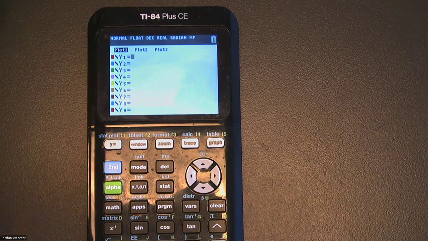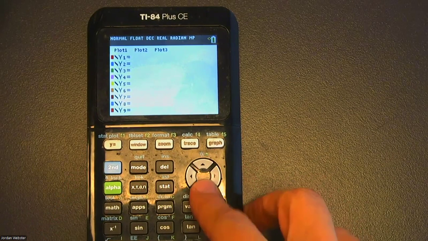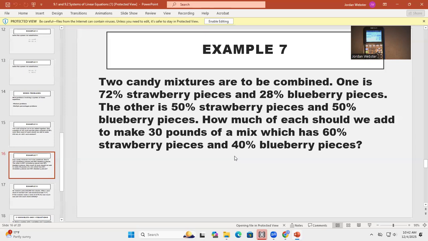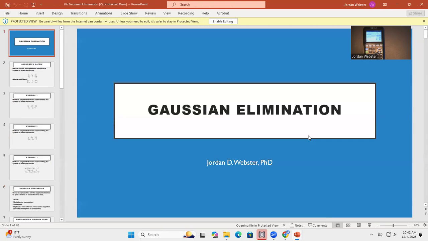Sometimes that's not very fun. So. All right. Questions about that? Good. So all of those problems that we did earlier can be done through that Gaussian elimination. Good.